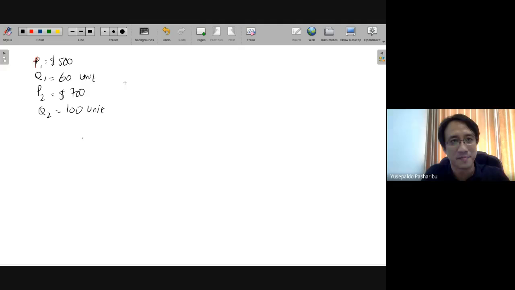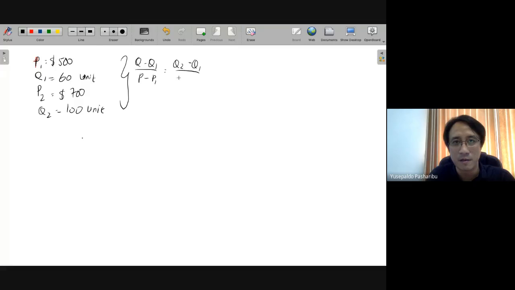Then use the same equation or formula: (Q minus Q1) over (Q2 minus Q1) equals (P minus P1) over (P2 minus P1).